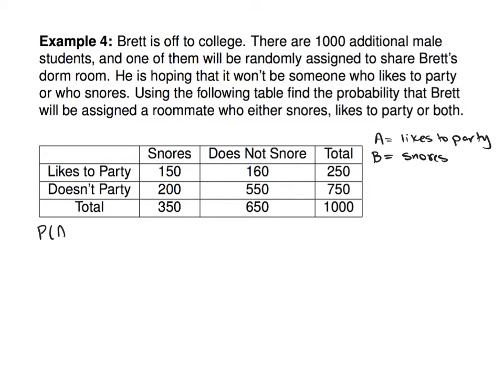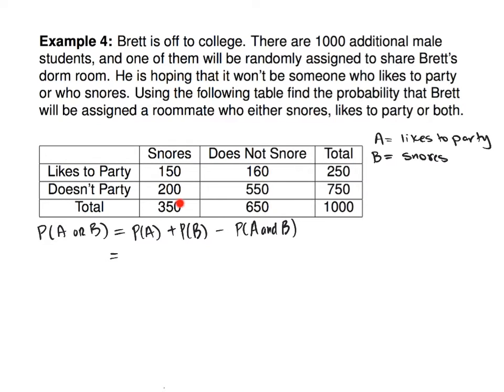Well, the probability of A or B, we don't know if these events are mutually exclusive, so let's just assume that they're not, is equal to P of A plus P of B minus P of A and B. Okay, so first of all, probability of A. How many people like to party?